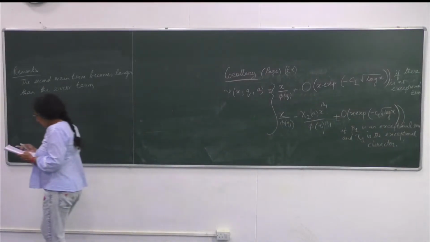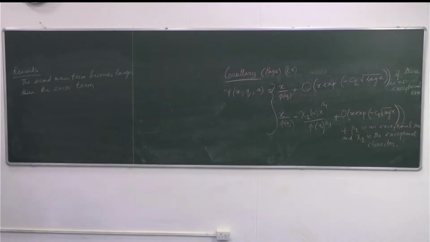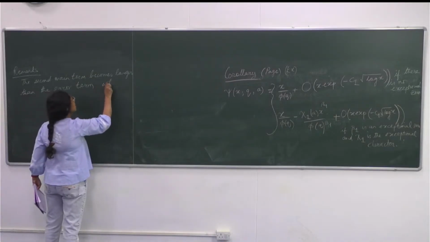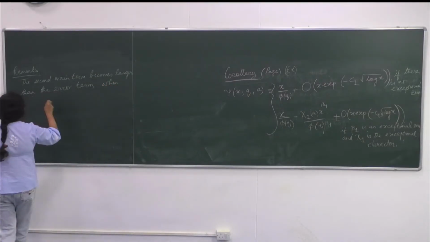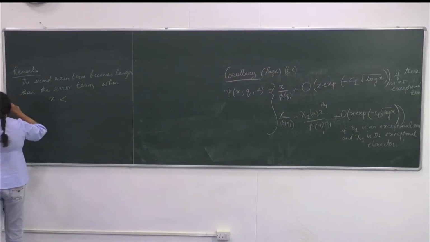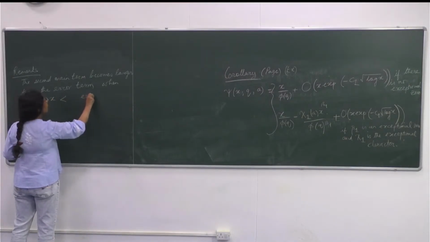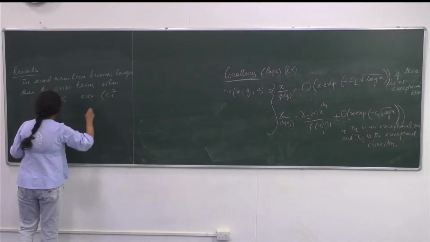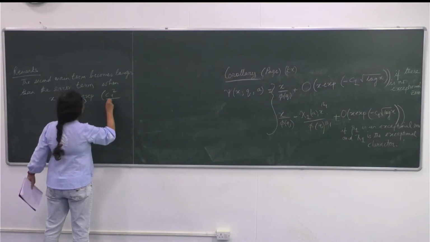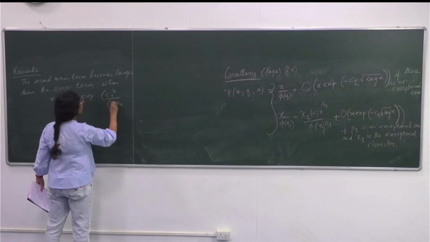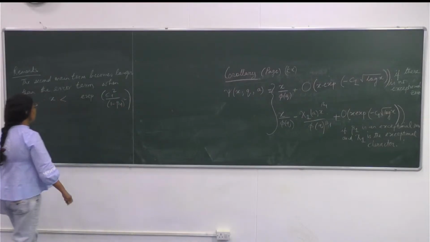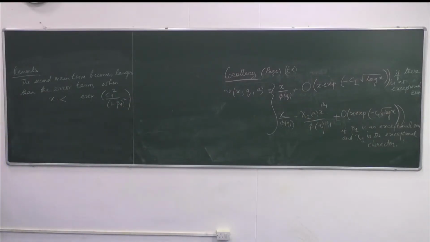So this will happen when x is less than exponential of C1 squared over 1 minus beta 1 squared. So you have to take beta 1 to be small.